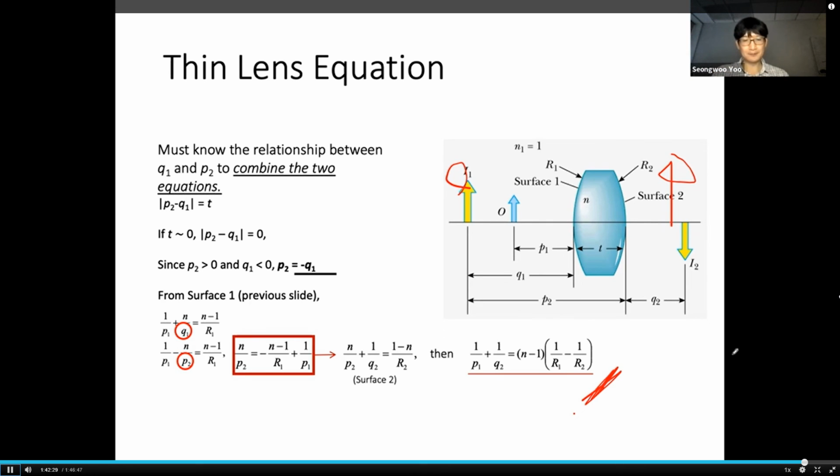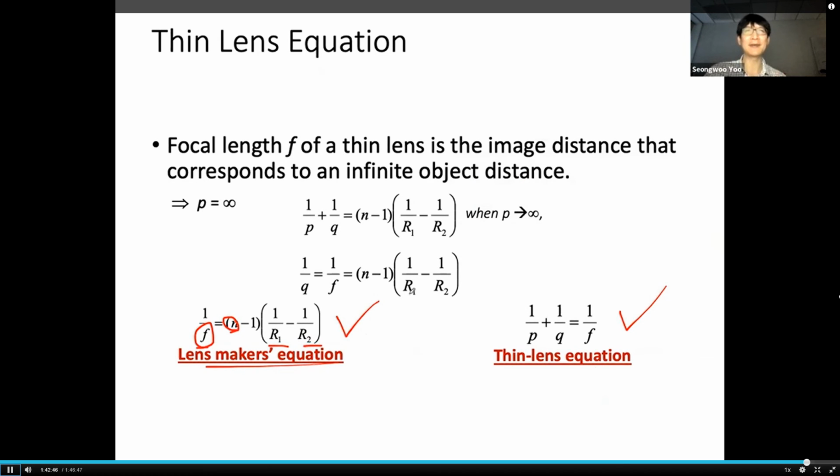All right, so for the thin lens, there is no R. For the derivation of the lens maker's equation and then the thin lens equation, we consider R1 and R2 just for the derivation.